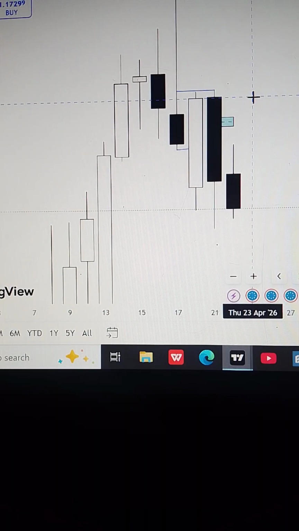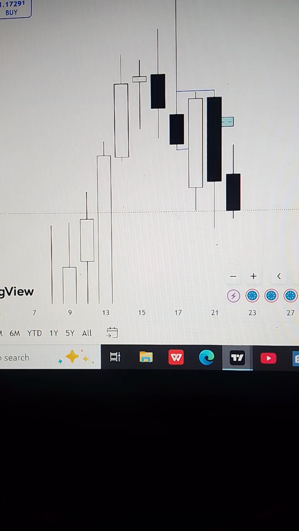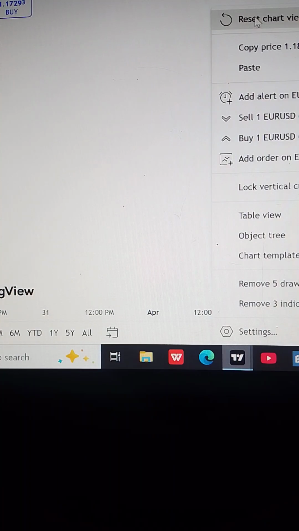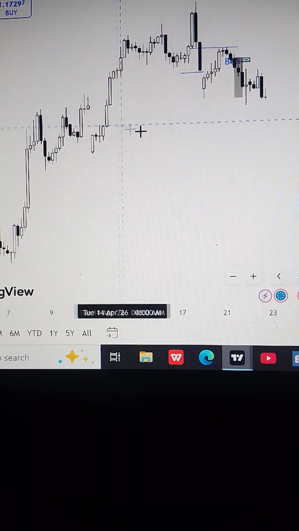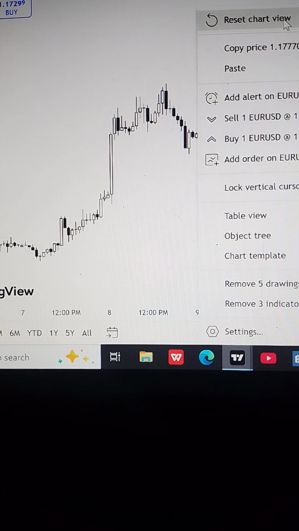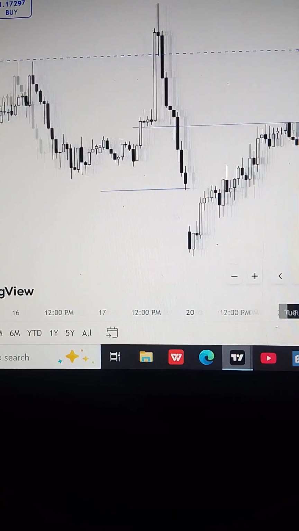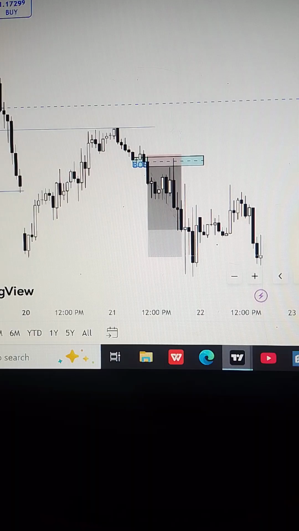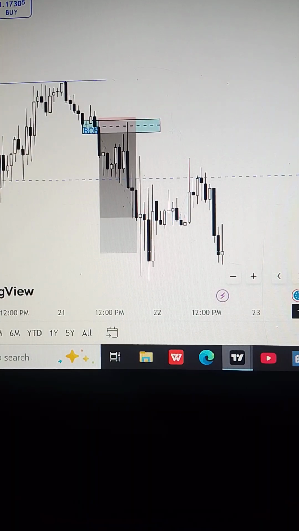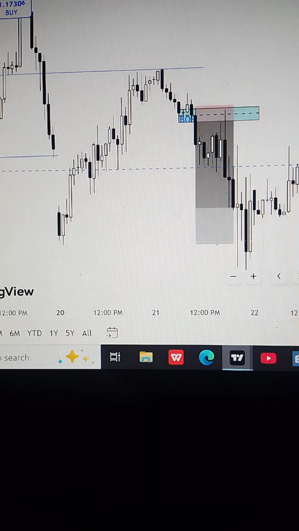So after identifying the daily bias, the direction of the market that day, you scale down to a lower time frame to look for your entry. On the 1 hour time frame, we had a break of structure.